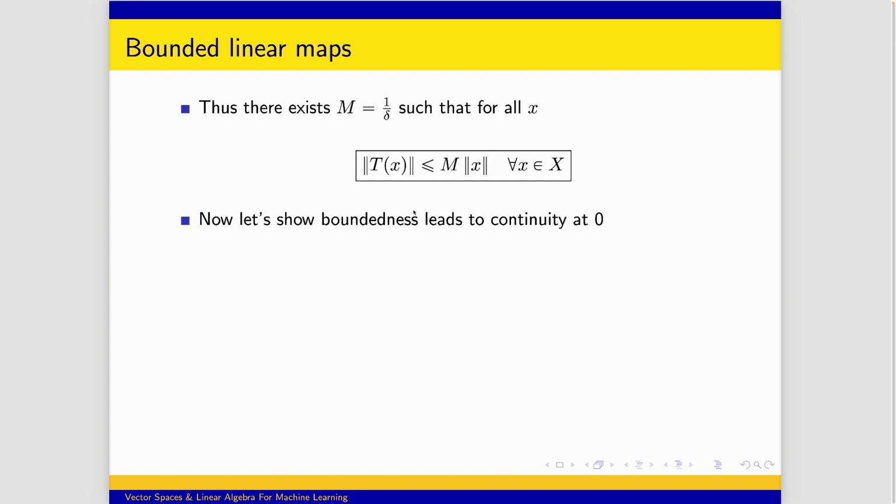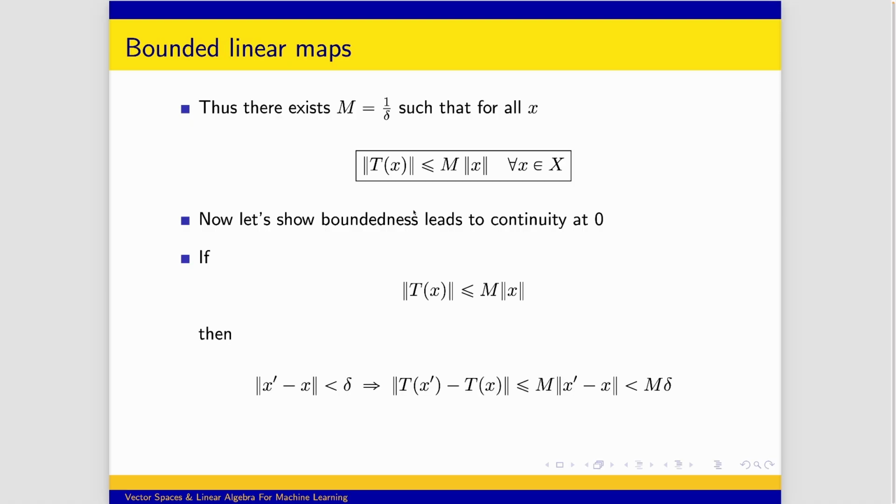Now let's go the other way around. So we want to show, this one is a bit easier, we'll show that boundedness leads to continuity at 0, which, as we know, means continuity everywhere. So let's now assume the boundedness condition. Then the norm of x prime minus x less than delta implies that the norm of T of x prime minus T of x is less than or equal to m times the norm of x minus x prime.